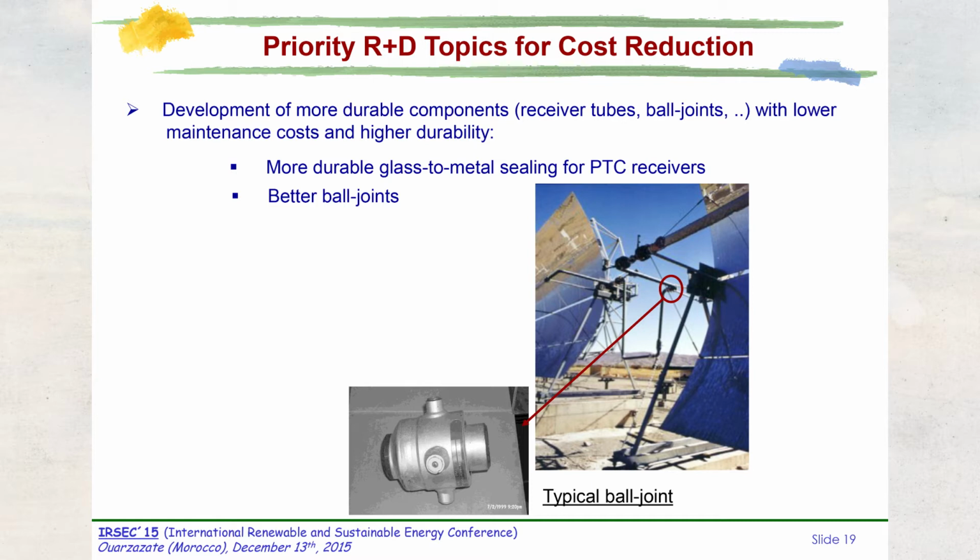This graphite packing has to be replaced from time to time in order to avoid leaks. So it needs, let's say, a significant maintenance cost because we have thousands of these elements in a solar thermal power plant with parabolic trough collectors.